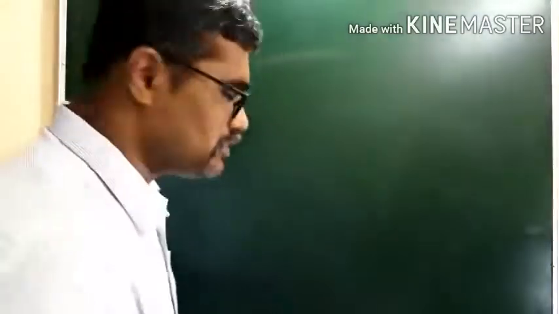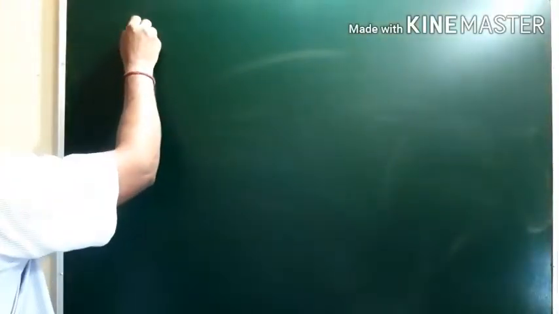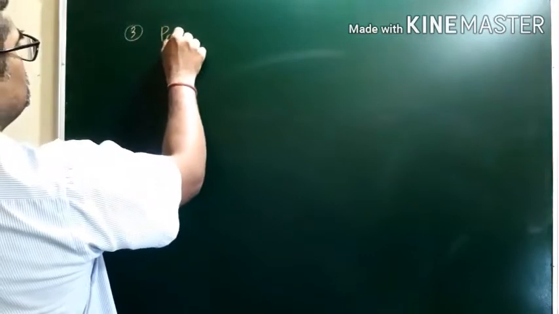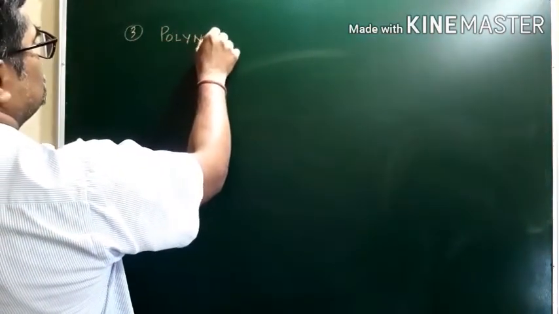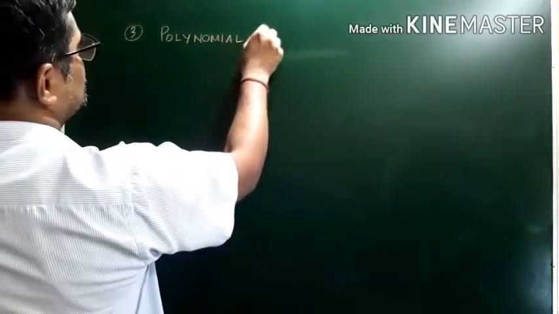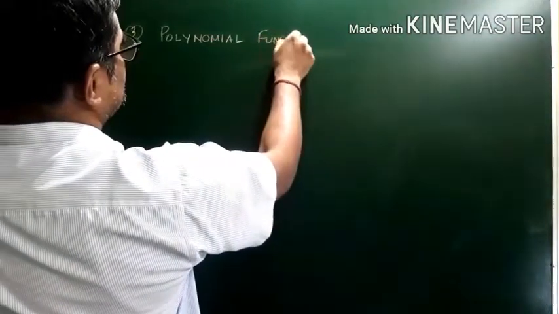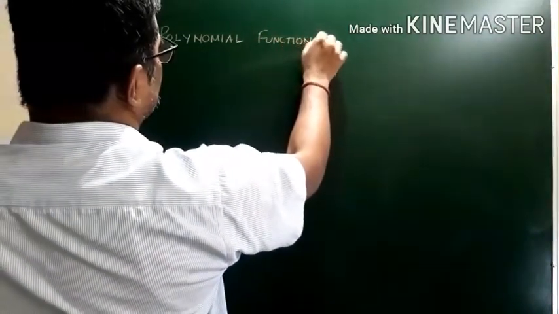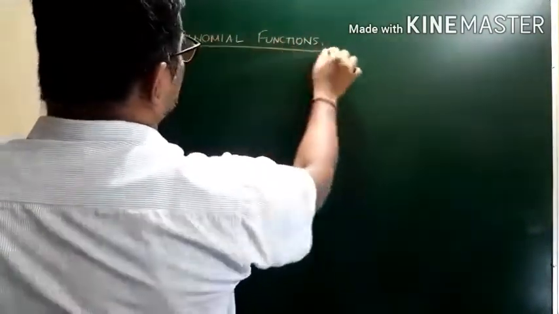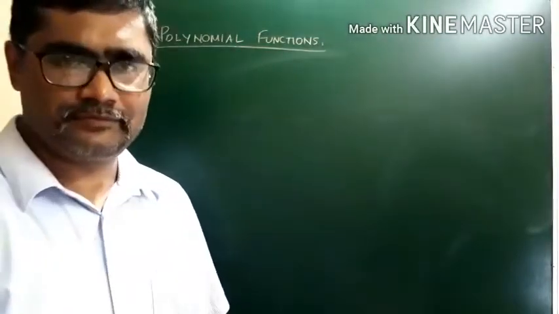Number 3, next graph is polynomial function, right? Polynomial functions can be of many types.